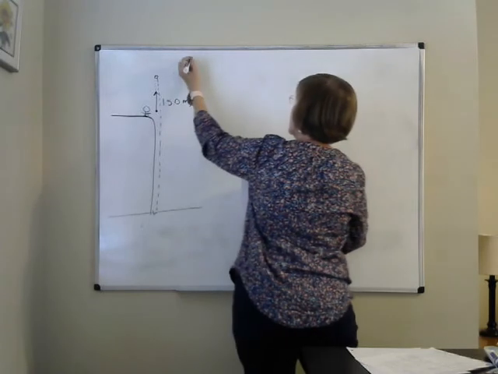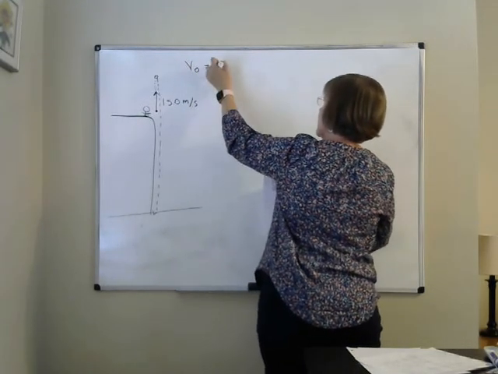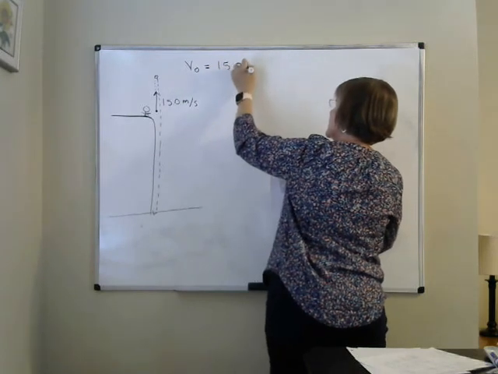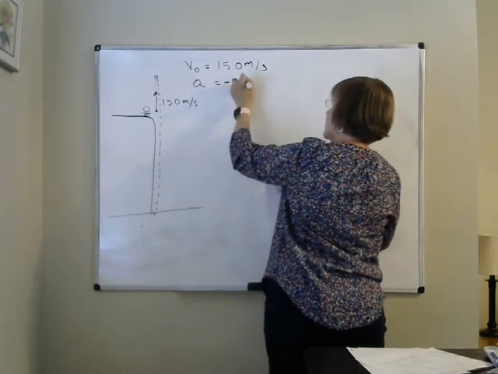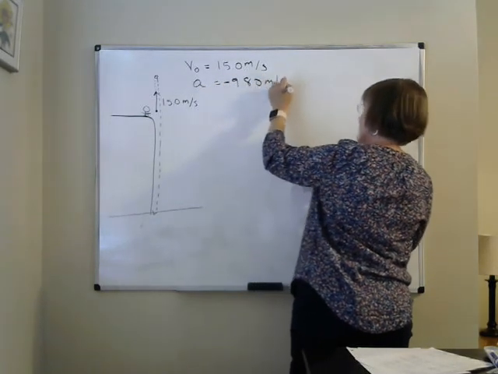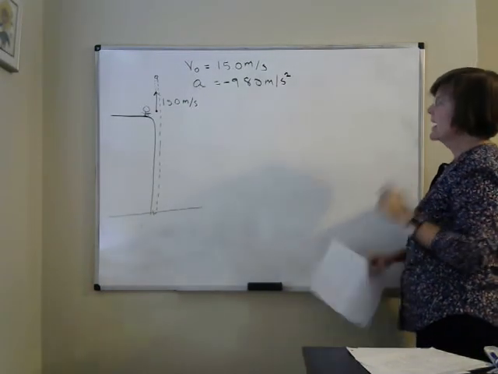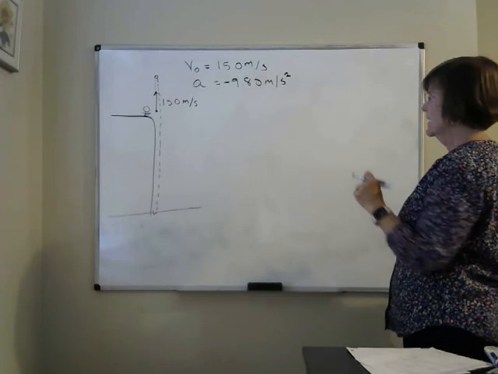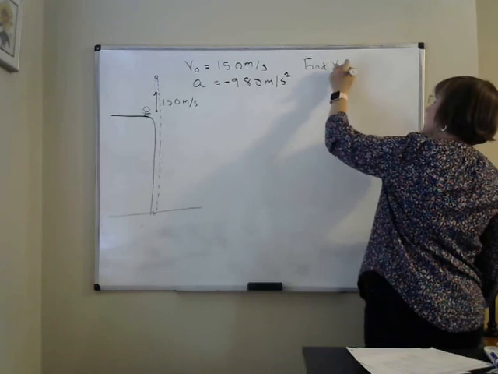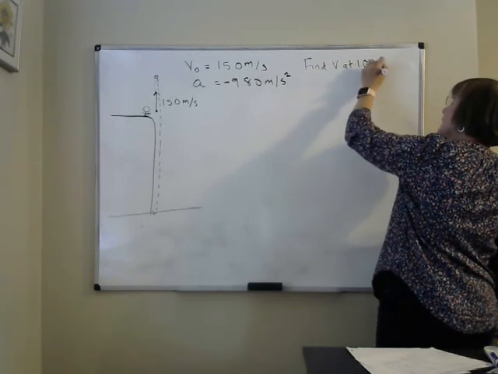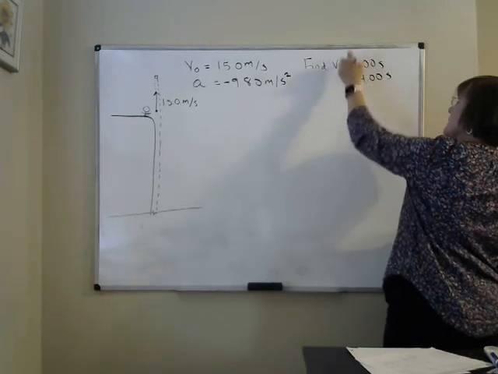Okay. You threw it up with an initial velocity of 15 meters per second. You've got an acceleration negative 9.80 meters per second squared. They asked me to find the velocity at 1 and 4 seconds.